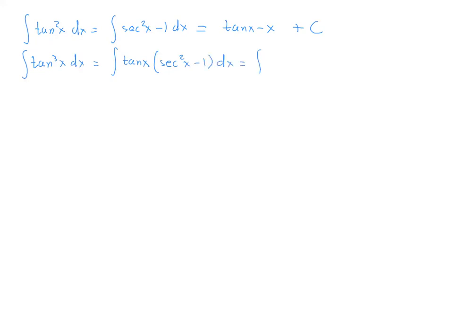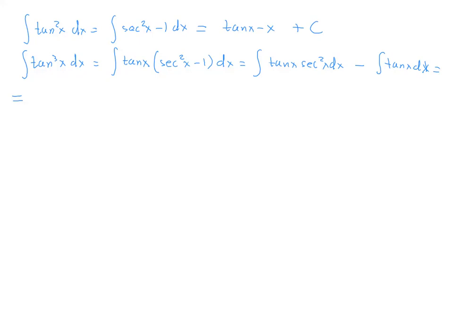So this will become the integral of tangent x secant squared of x dx minus the integral of tangent x dx. And these are two interesting integrals on their own, but they're quite simple.